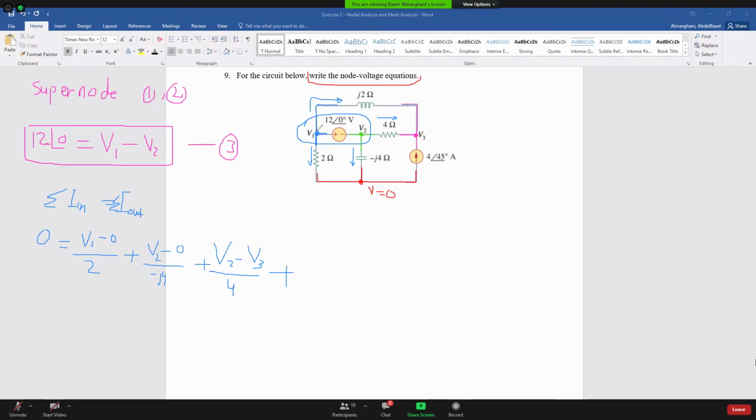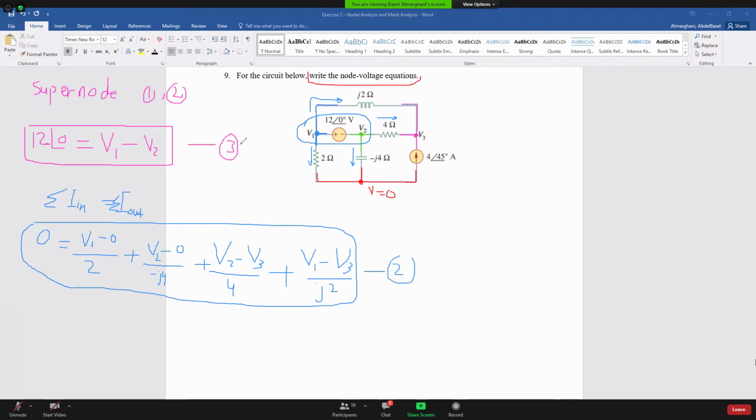The voltage here is V1, the voltage here is V3, so it's V1 minus V3 divided by j2. This is the second equation. Why did I say this is 1, not 3? I don't know why it said 3. So those are the two equations, 1 and 2, using the supernode.